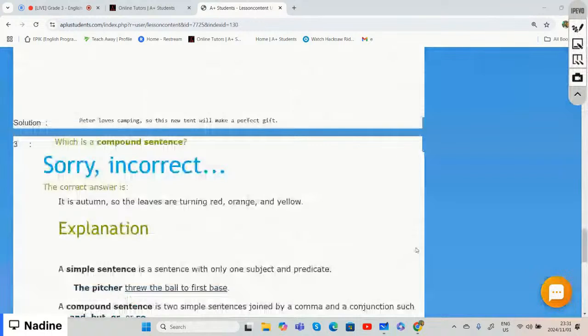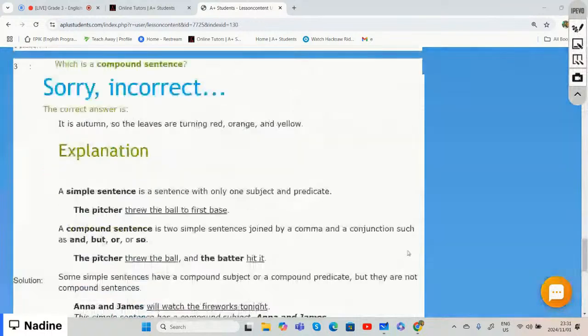All right, let's look at the next one. We need to say which is a compound sentence. It says, it is autumn. So the leaves are turning red, orange, and yellow. What type of sentence is that?